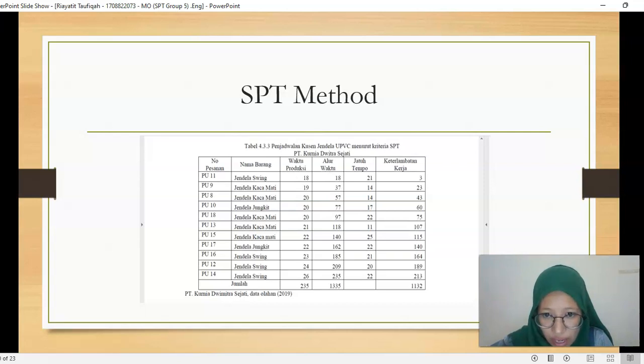The total processing time is 235, total flow time is 1335, the lateness is 0, and the delays total 1132 days.